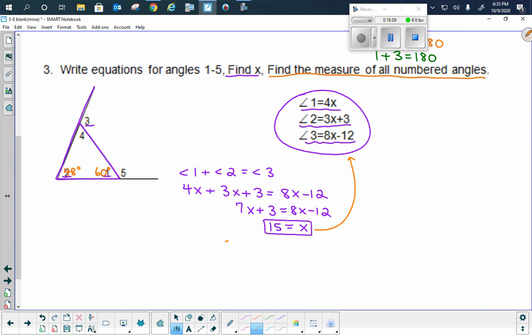Okay, so we'll show those because it does say write an equation for all angles. So we'll go back and do that. So we have 4 times 15 for angle 1. That's where we got the 60 degrees. I'm always just going to put it in my picture to help me out. Angle 2 was 3 times 15 plus 3. 3 times 15, 45 plus 3 is where we got that 48 degrees.